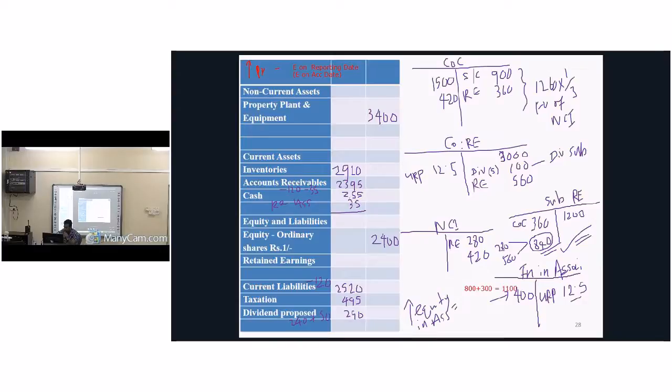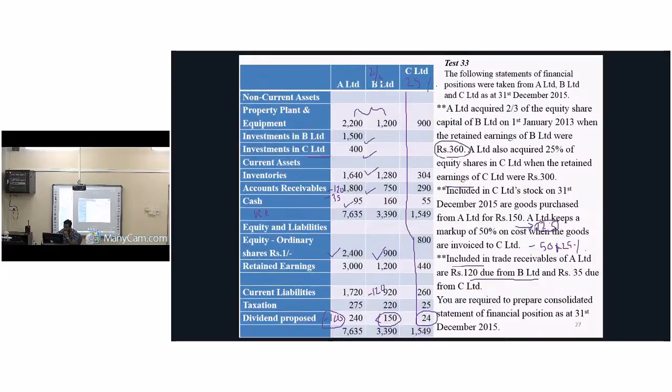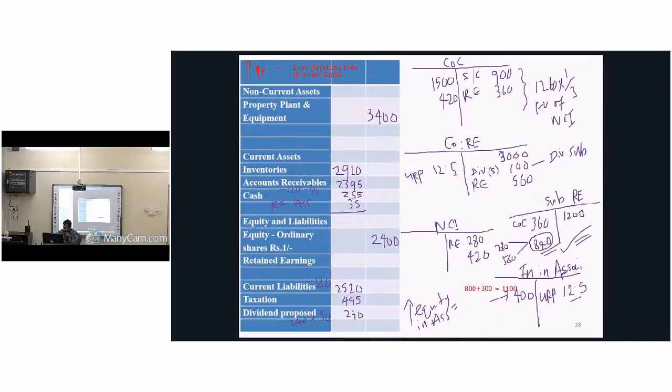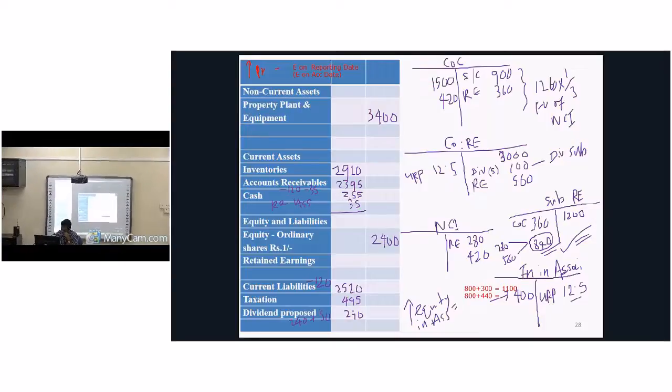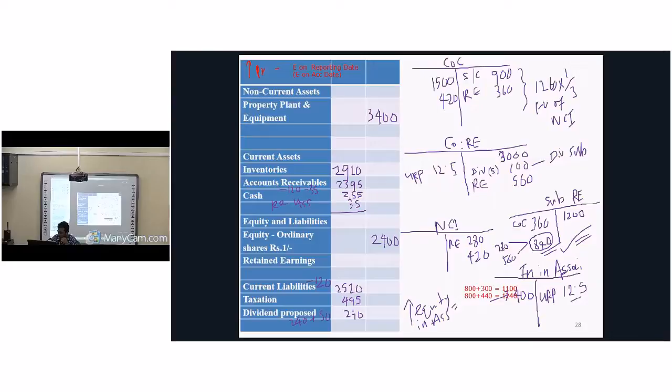Minus, on the reporting date it was how much now? 800 plus 440, 1240.